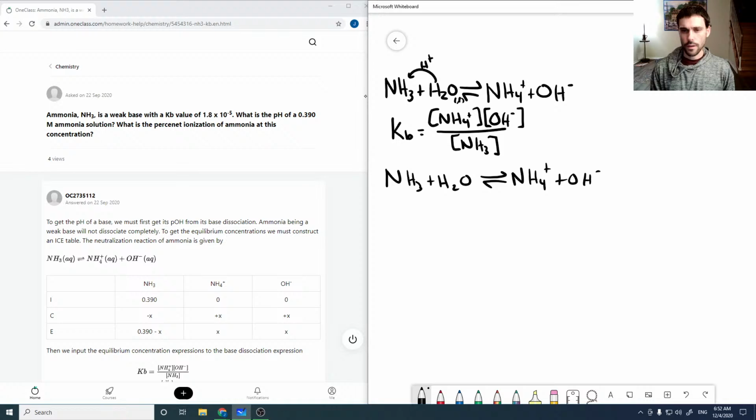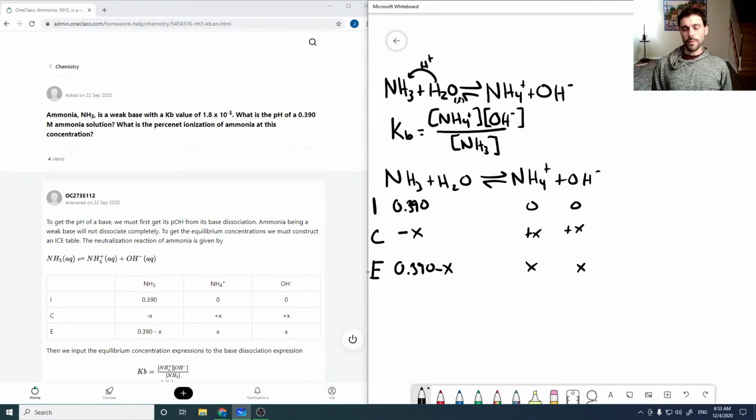Okay, so we're given that the initial concentration is 0.390 molar, and we would have 0 of these. Our change is going to be minus x in NH3, and then plus x in each of these. And so then at equilibrium, we're going to have 0.390 minus x, x, and x.